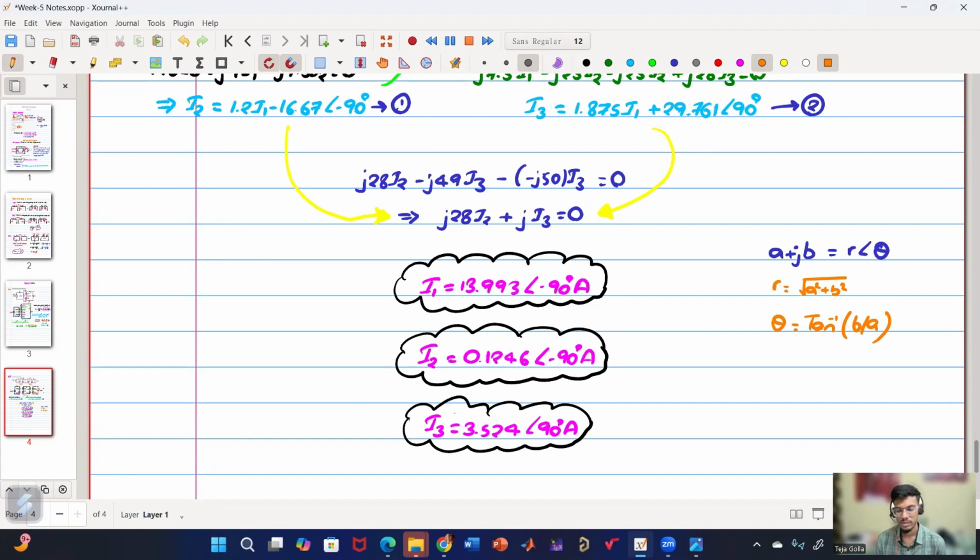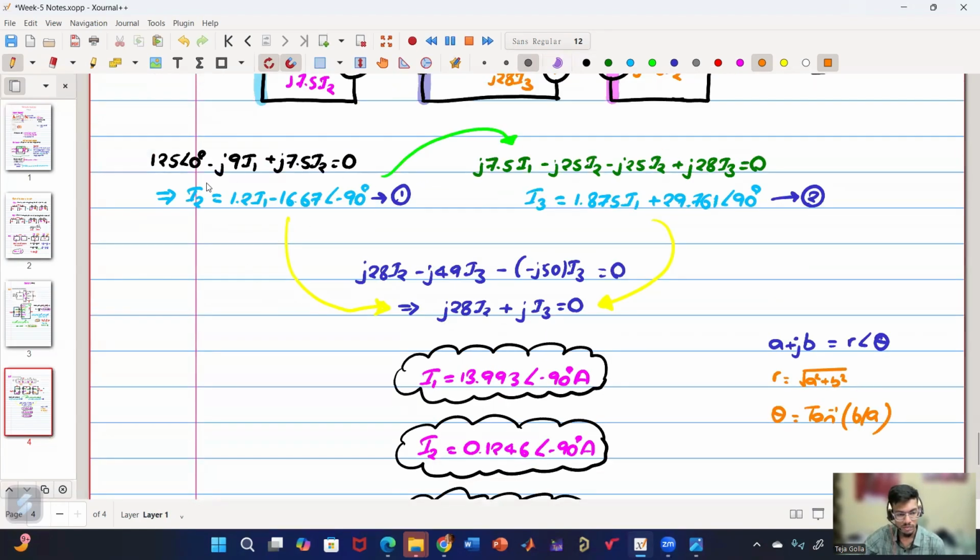Sir, clear? For the first equation, I'm getting different answers. This one. Which equation? Equation 1. Yes, sir, I converted. No, first of all, it has 2 terms, whether the first term is matching or not. See, the first term is what? Minus j9 by minus j7.5, right?